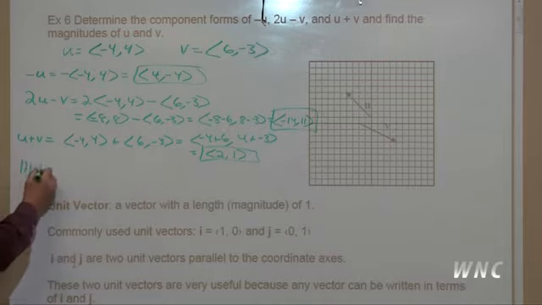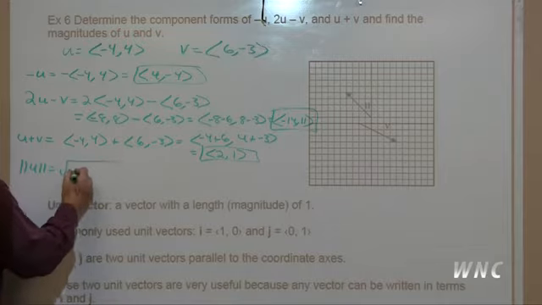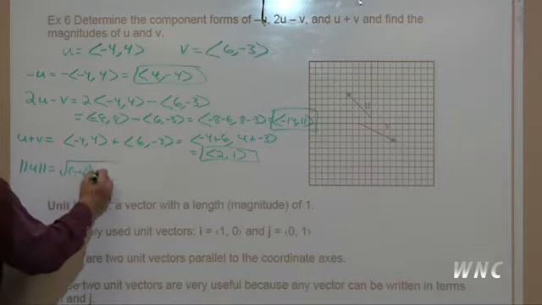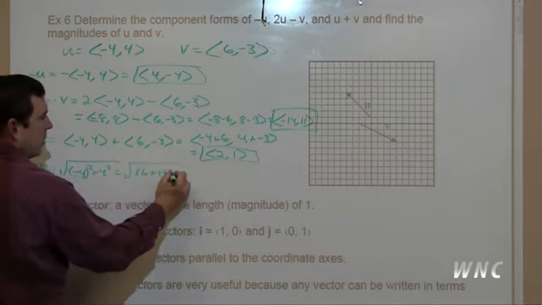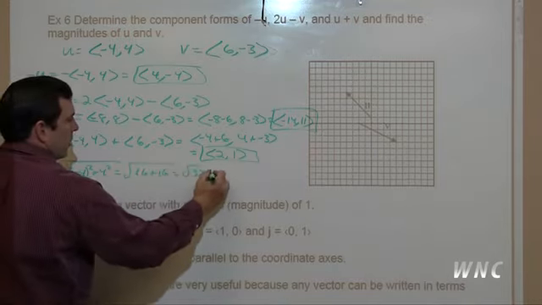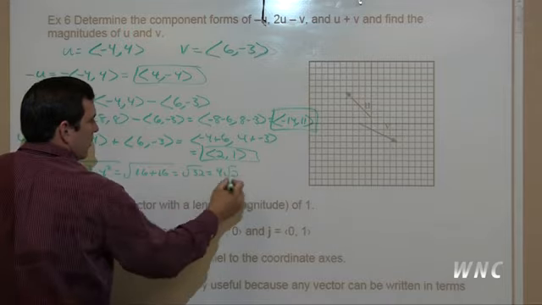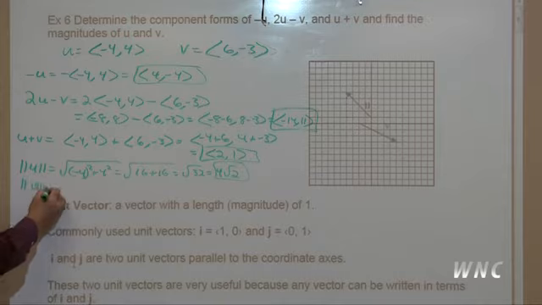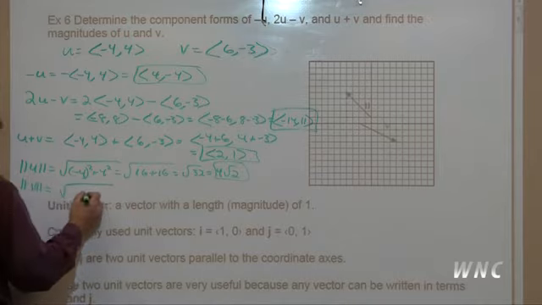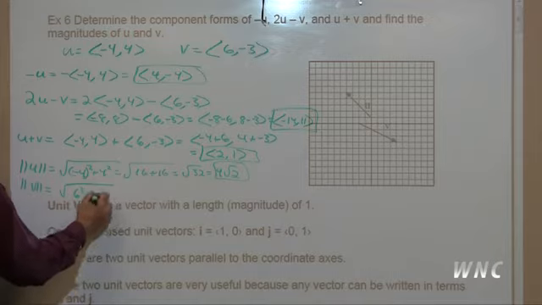The magnitude of u is going to be the square root of negative 4 squared plus 4 squared, square root of 16 plus 16, square root of 32, which is 4 times the square root of 2. And the magnitude of v is going to be the square root of 6 squared plus negative 3 squared.